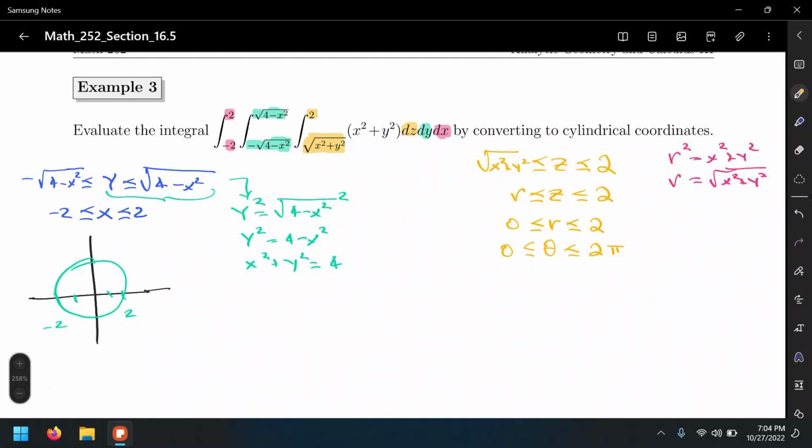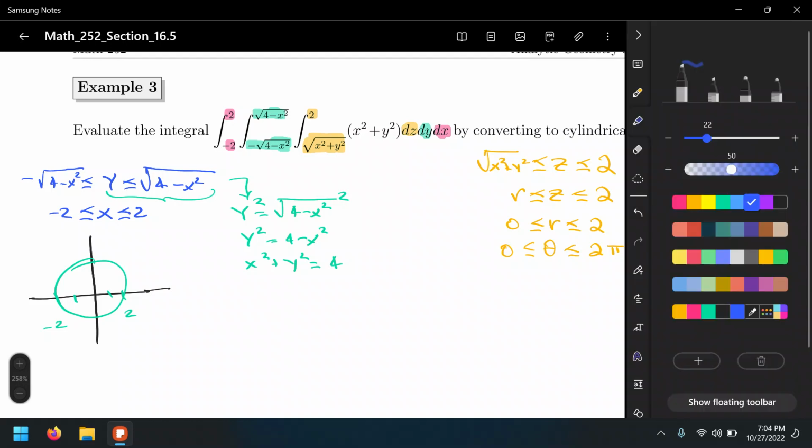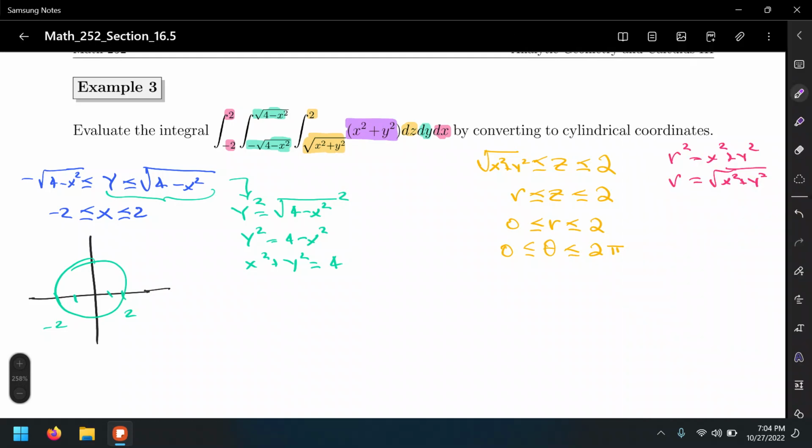What about the integrand? We need to rewrite x squared plus y squared using cylindrical coordinates. What is x squared plus y squared equal to? r squared.